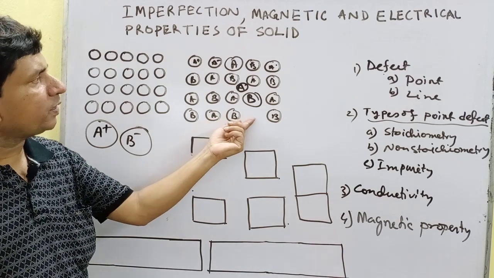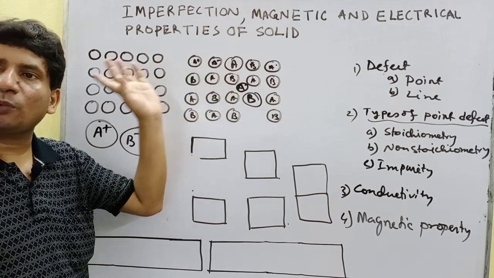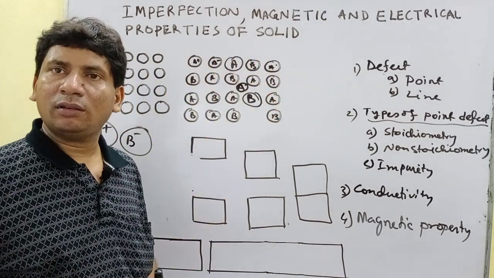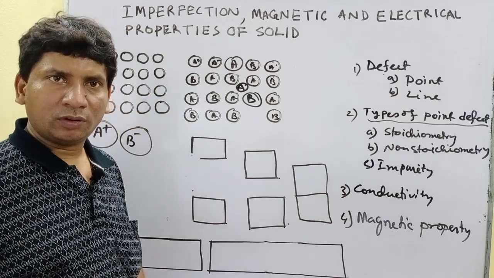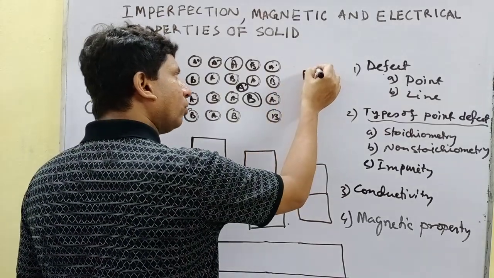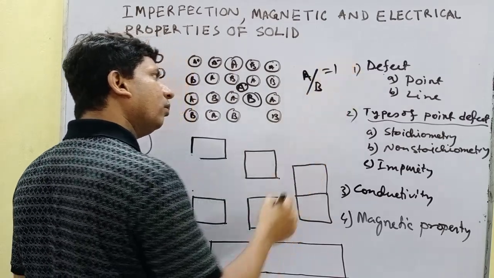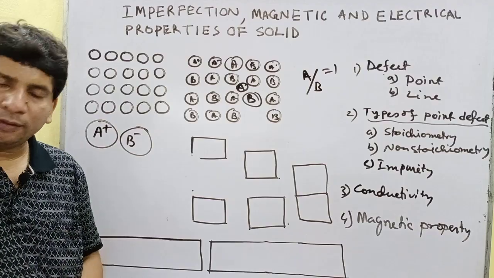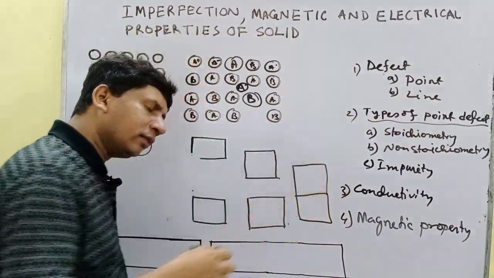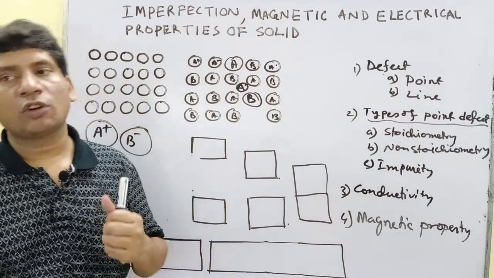So the total number of cations and anions remains the same. Clear? So the ratio of total A to total B remains the same, hence this defect is known as a stoichiometric defect.